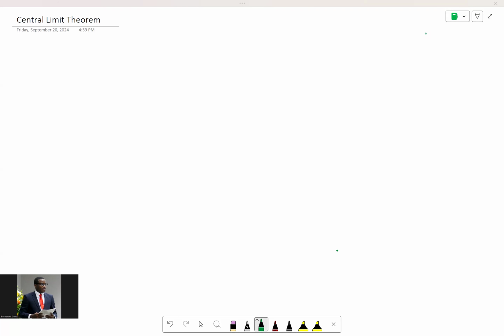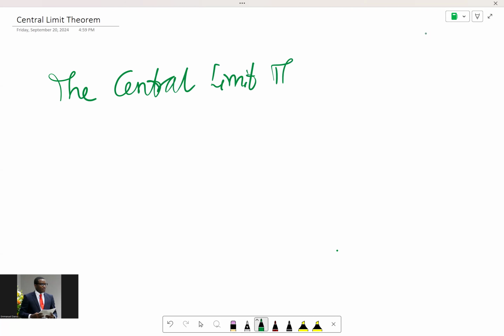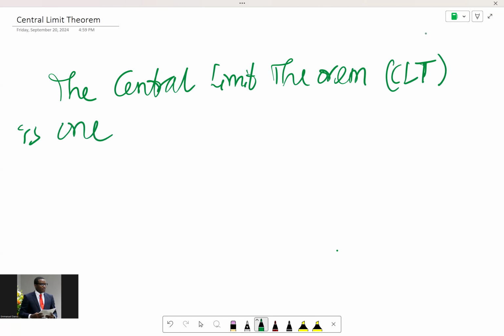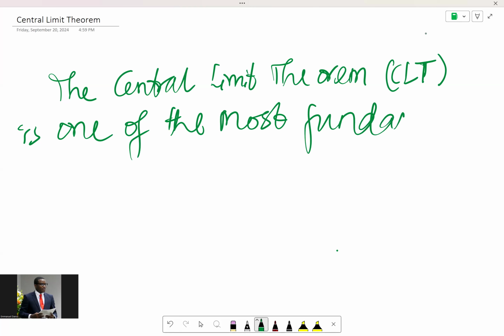In this video, I'm still talking about probability, with attention to the central limit theorem. The central limit theorem, or CLT, is one of the most fundamental concepts in statistics.